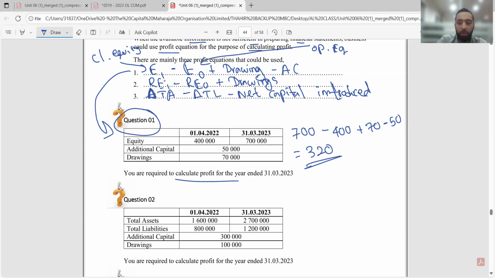Yes, closing retained earnings and opening retained earnings. Very good. Same as equity. Ziana has given the correct answer.